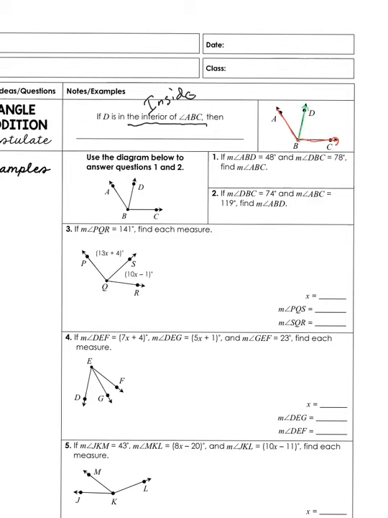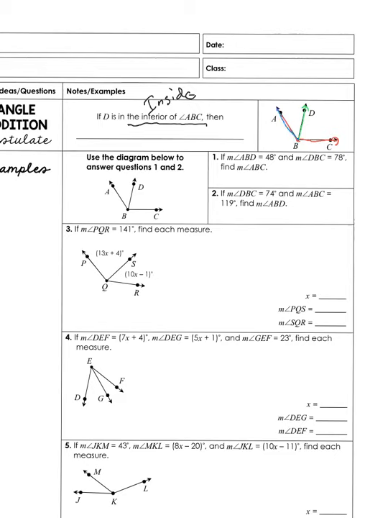And when we name this, we name the angle ABD. So when we do this, M is for measure. The measure of ABD plus the measure of angle DBC.